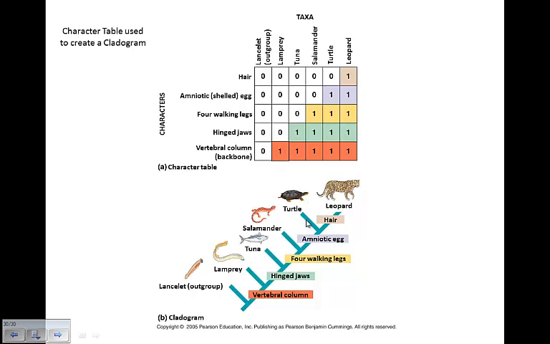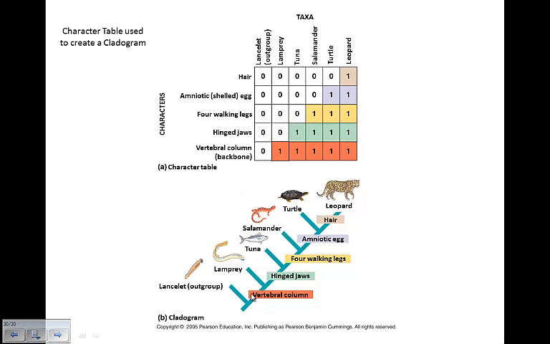Each of these branches here is called a clade, and the common ancestry occurs at the Y. So here we would look at lampreys and lancelets having a common ancestor, but when you look at the actual clade, this is where the differences come in. And so this trait, this vertebral column, like we set up here, the lancelet doesn't have the vertebral column.